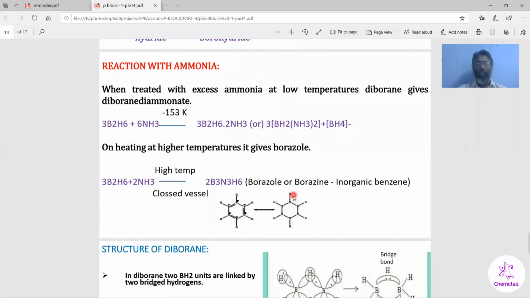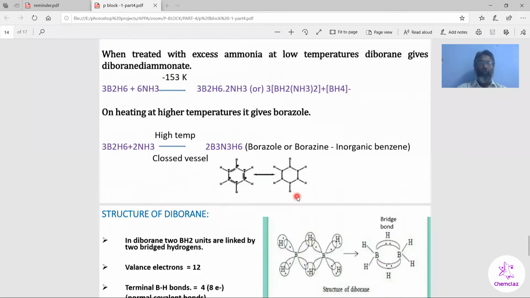Both contain hydrogen, so here NH, here BH. What is the formula of borazine? B3N3H6. So diborane reacts with ammonia at high temperature, which gives borazole or borazine. Very important reaction.